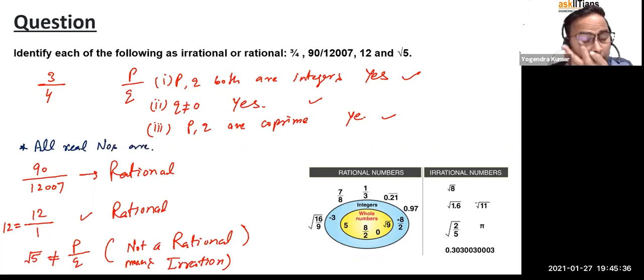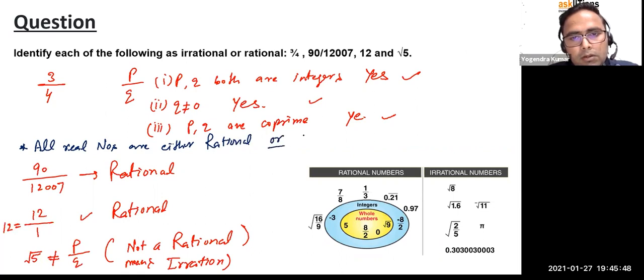are either rational or irrational. There is no third form. There is no third thing.